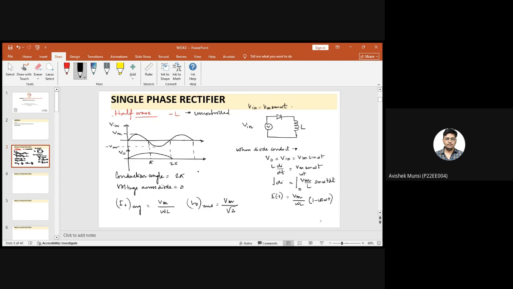Since the conduction angle is 2 pi, the extinction angle will also be 2 pi. And since the voltage across the diode is 0, the circuit turn off time is 0, because the circuit will not turn off, it will run again and again. So that is what happens in the case of a half wave rectifier with L load.